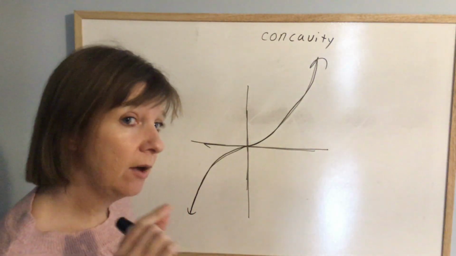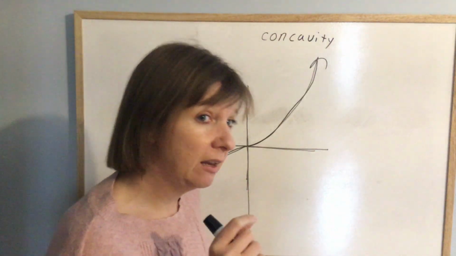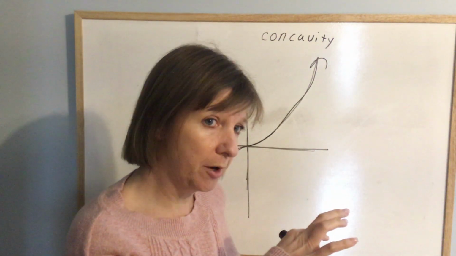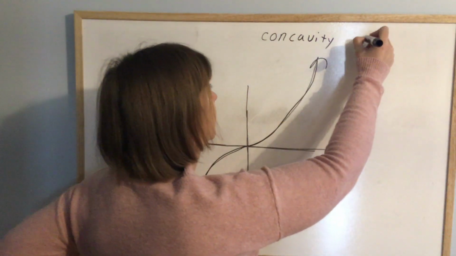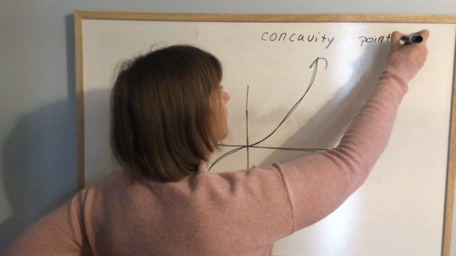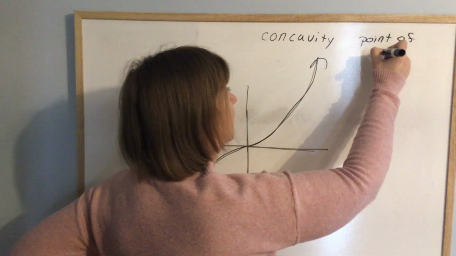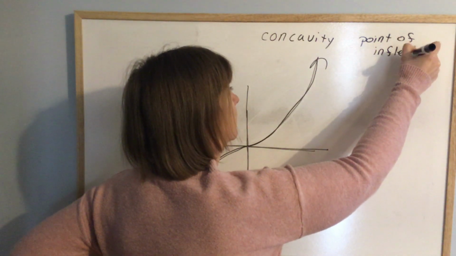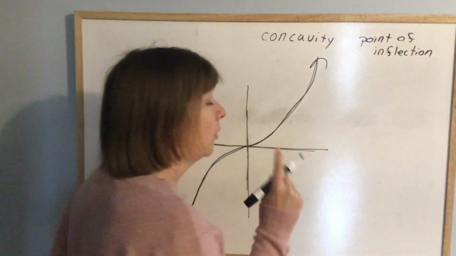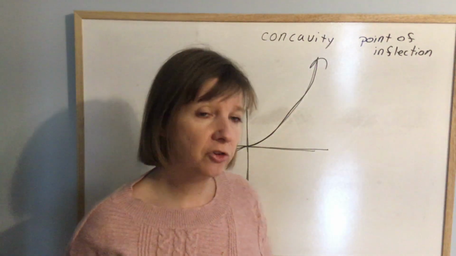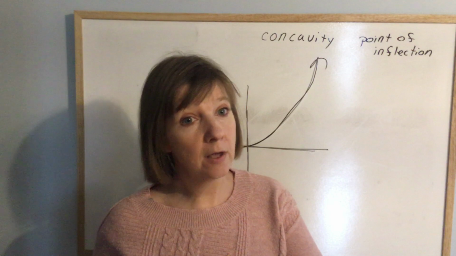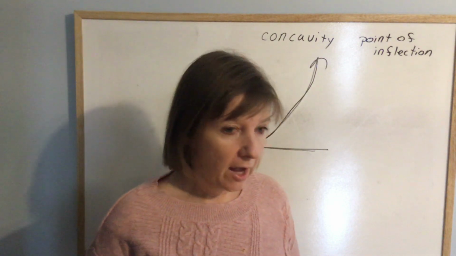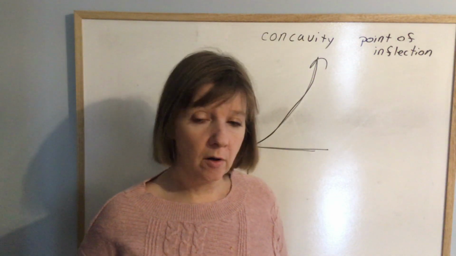The point at which a graph changes from being concave one way to being concave the other way is called a point of inflection. So how do I know which way it is and where all that happens?